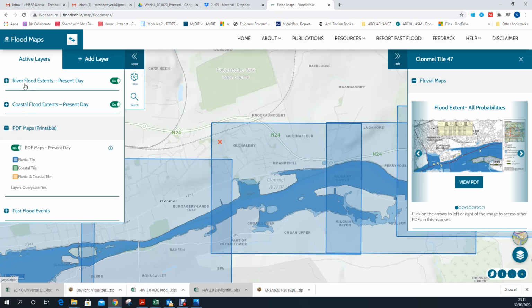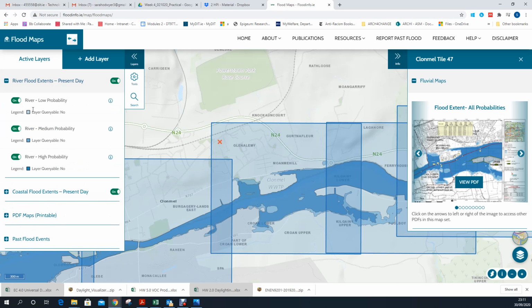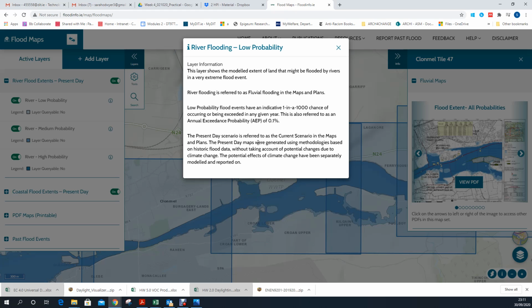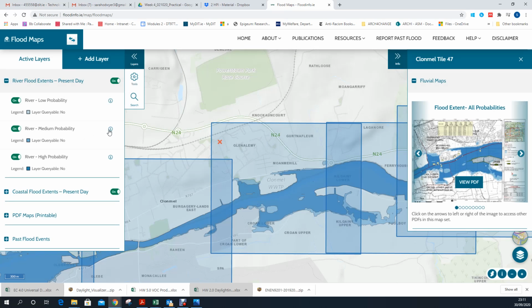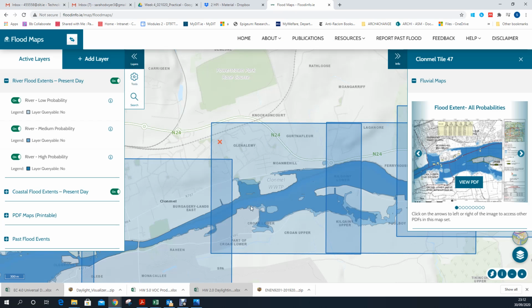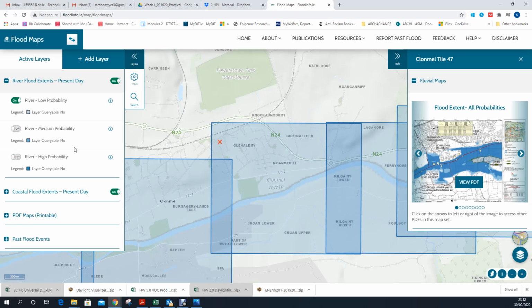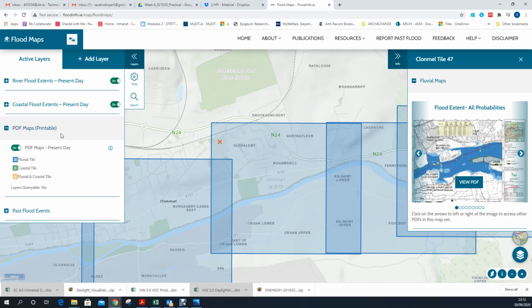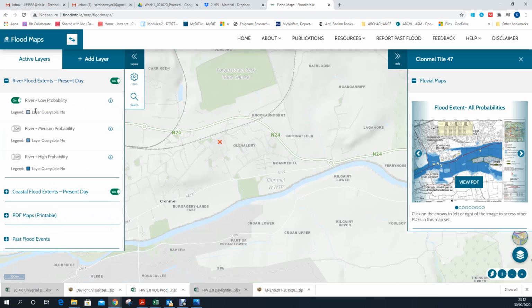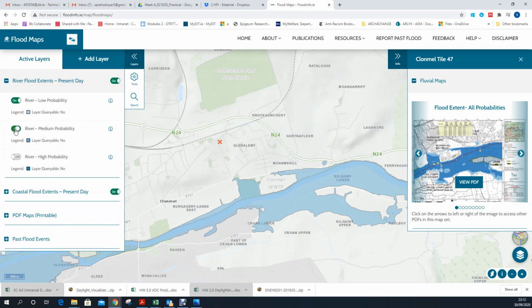So it also gives you a handy little summary of what that means. The low probability is a 1 in 1,000 chance of it happening. The medium is a 1 in 100, and then I think the high is a 1 in 10 year chance. So you can have them all on, or just one on at a time, so you can see what the different probabilities are for your site.